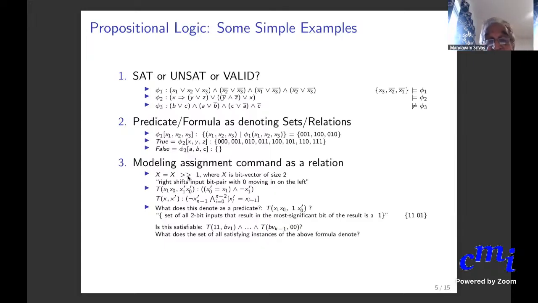So if this were in a while loop, what this denotes is kind of the trace, because as long as there are intermediate values b1 through bvk minus 1 such that this constraint is satisfied, then this will be true. And that's what this thing denotes.